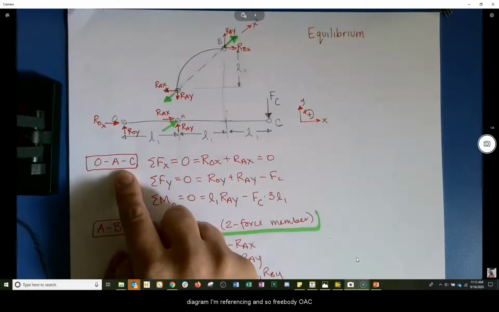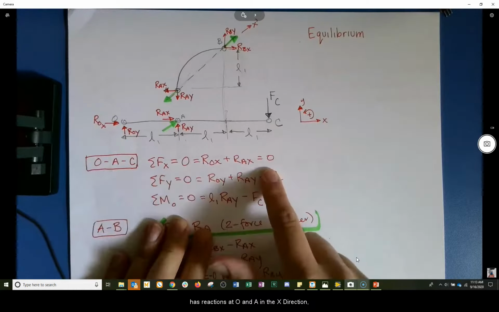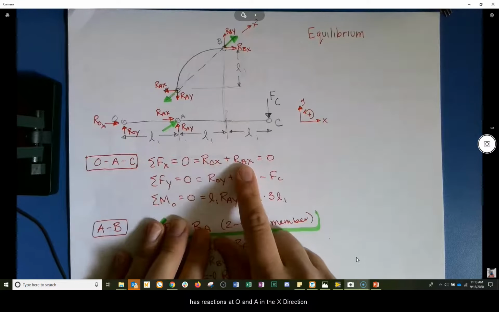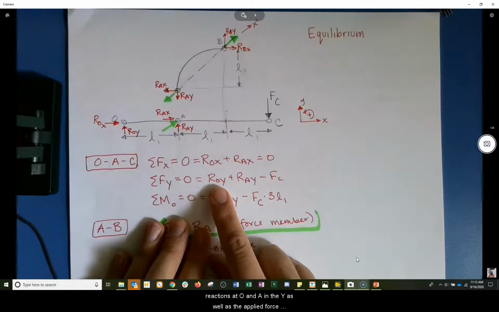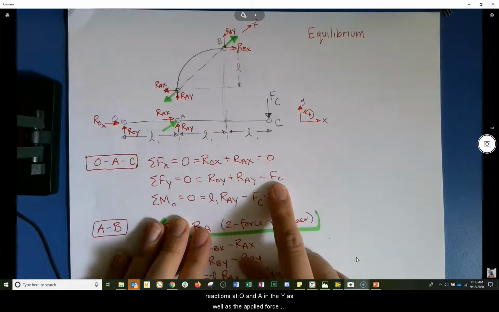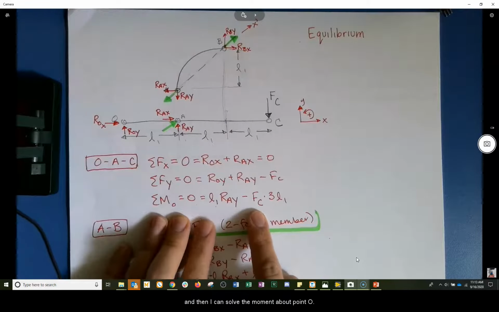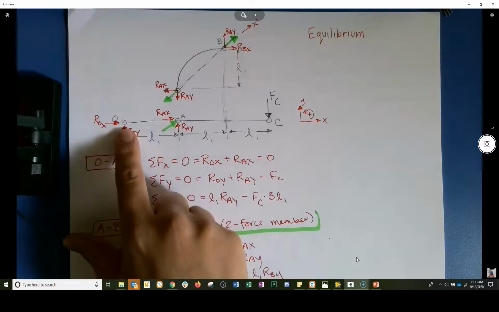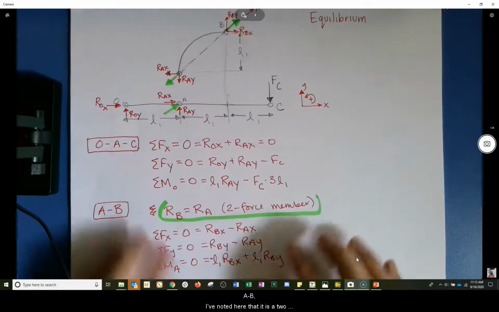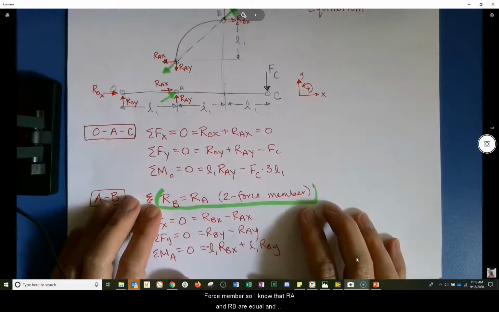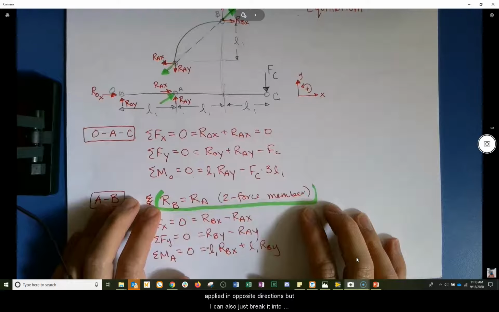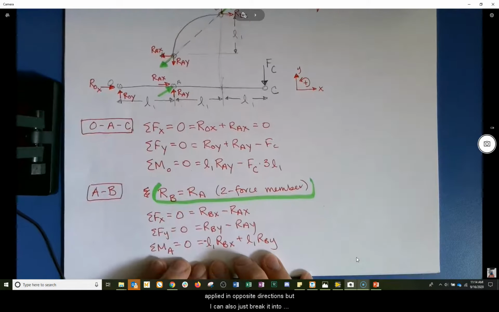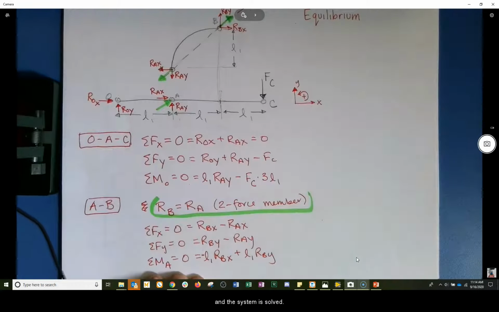And so free body OAC has reactions at O and A in the X directions, reactions at O and A in the Y, as well as the applied force, and then I can solve the moments about point O. AB, I've noted here that it is a 2-force member, so I know that RA and RB are equal and applied in opposite directions, but I can also just break it into its components. Ultimately, this is 6 equations, 6 unknowns, and the system is solved.